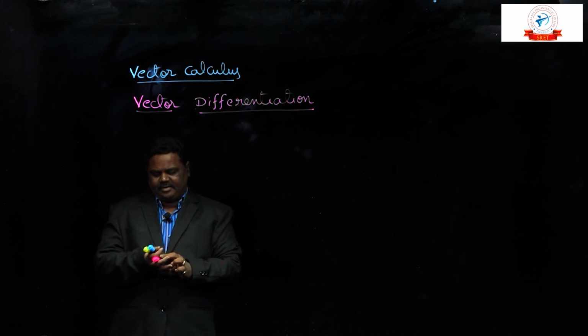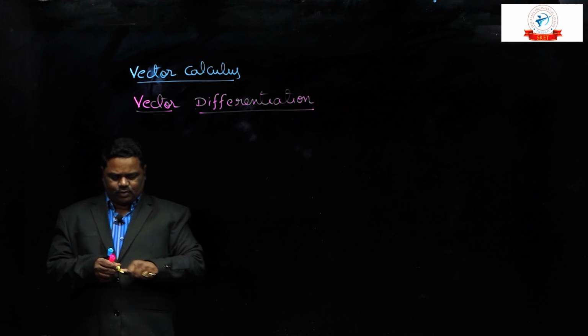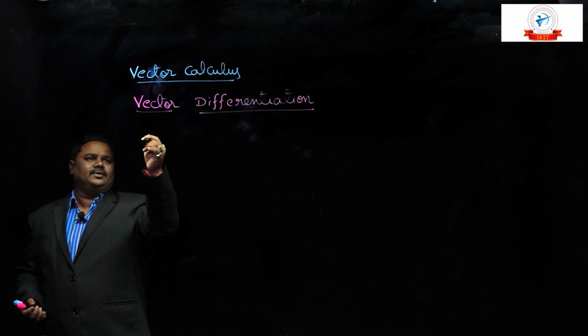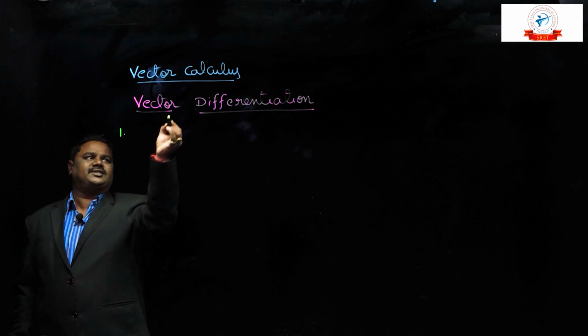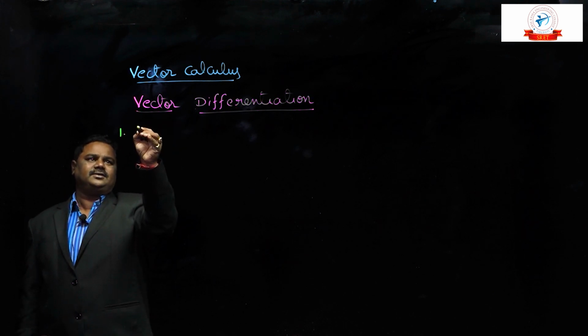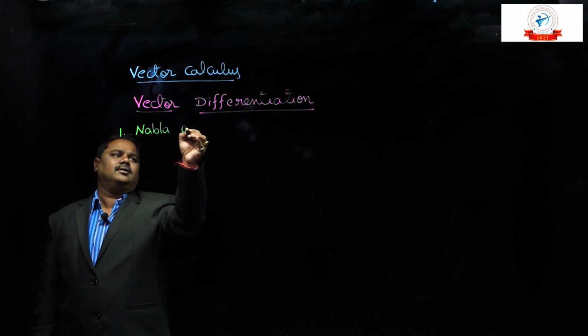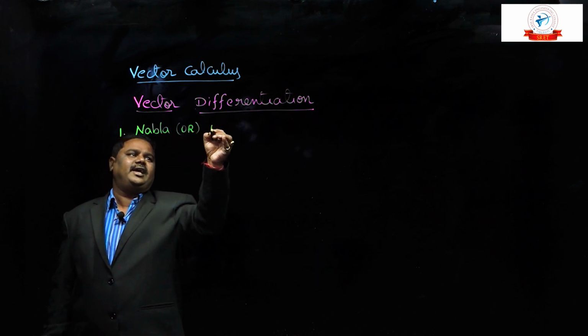Here basic vector differentiation is called the del operator, or nabla. So, the first thing we are going to study in vector differentiation is nabla, or the del operator.